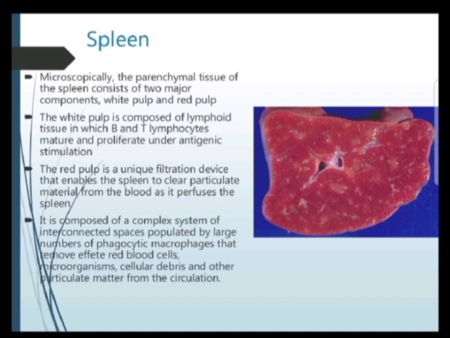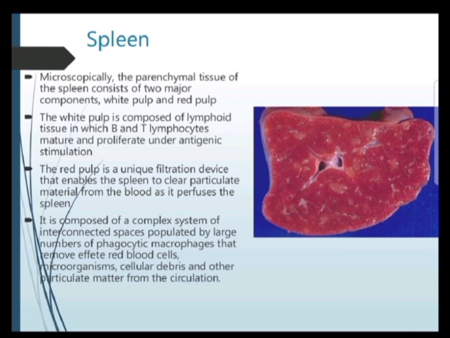So microscopically, the parenchymal tissue of the spleen consists of two major components, the white pulp and the red pulp. The white pulp is composed of lymphoid tissue in which B and T lymphocytes mature and proliferate under antigenic stimulus.